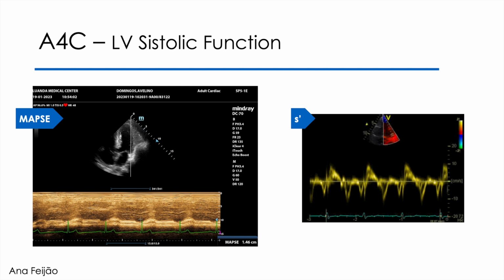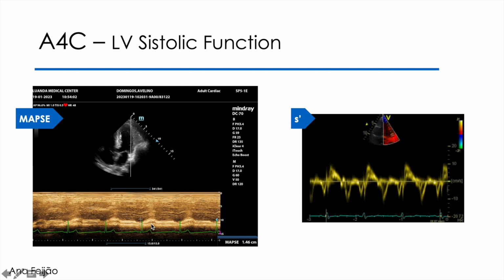To calculate mitral annulus plane systolic excursion, I place the lateral wall centered on the screen, select the M-mode cursor, and evaluate the excursion from its diastole point to its systolic nadir in a vertical line, not diagonal.